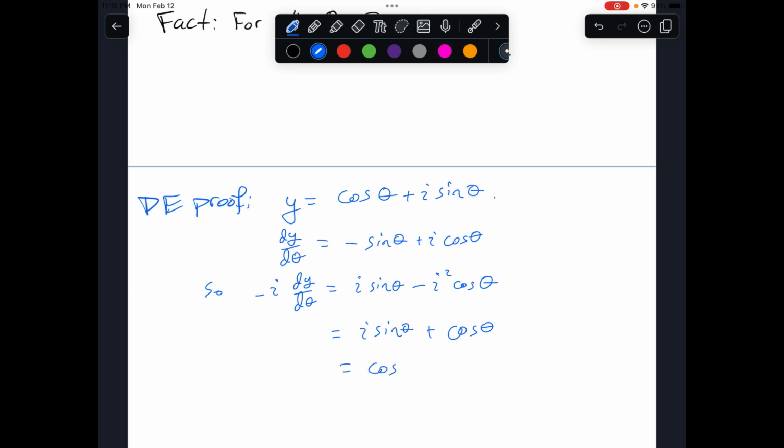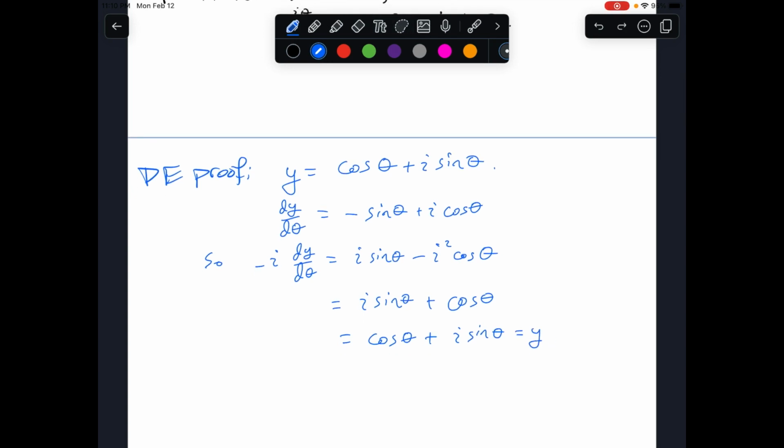If we just rearrange this, cosine of theta plus i sine of theta is literally equal to what we defined y to be from the start. And thus we get that negative i times dy d theta is equal to y.